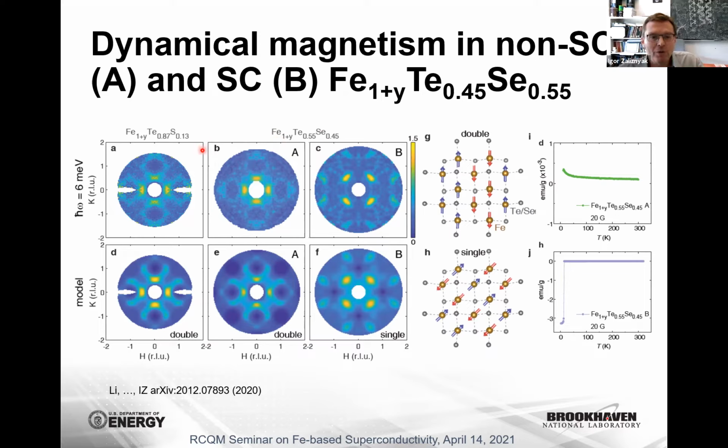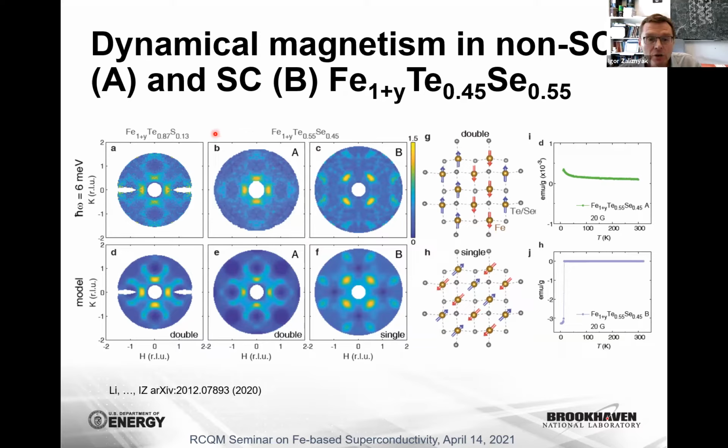And in this measurement, we observed that the non-superconducting sample demonstrates a magnetic scattering pattern dramatically different from the superconducting sample. This one is typical of double stripe magnetic correlations, while the superconducting material, sample B, shows a pattern typical of single stripe magnetic correlations.